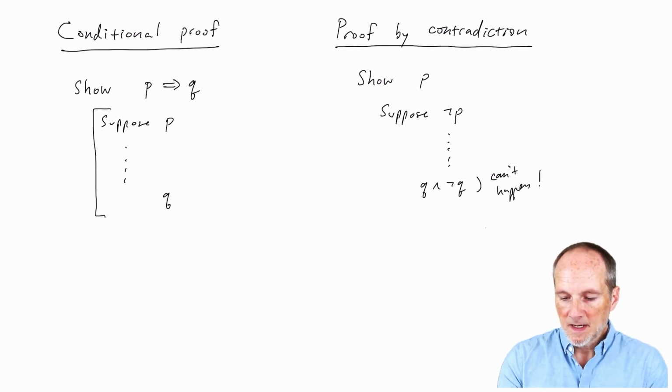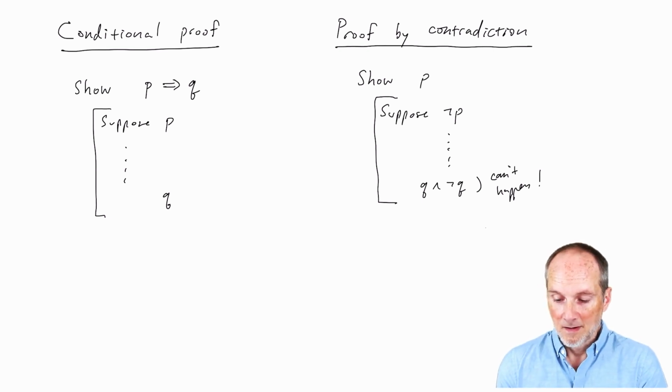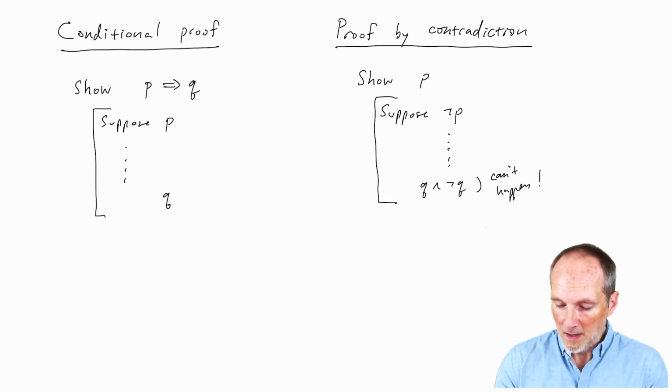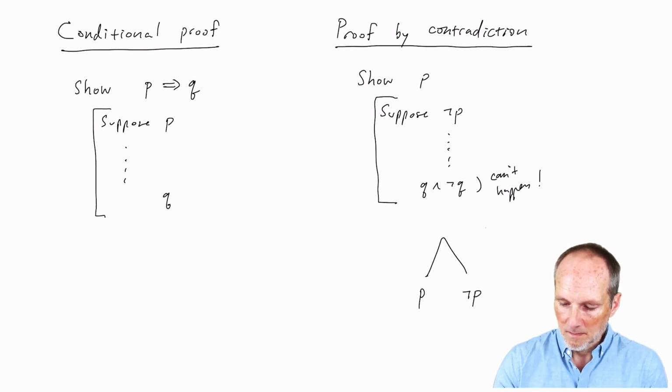So what that means is that our supposition must have been incorrect. It can't be that P is false. So we've shown that P is true. Another way of thinking about this is, there are two possibilities. Either P is true or it's false. Okay?